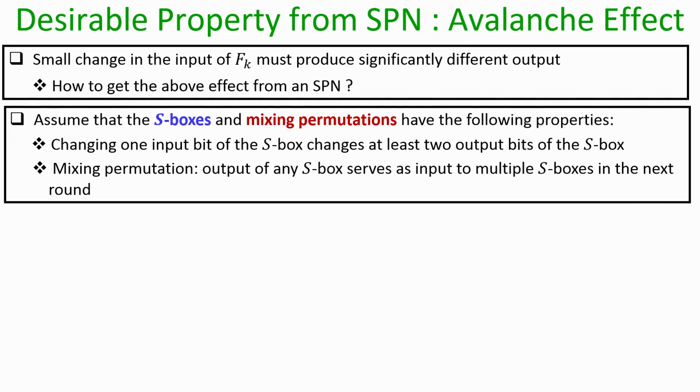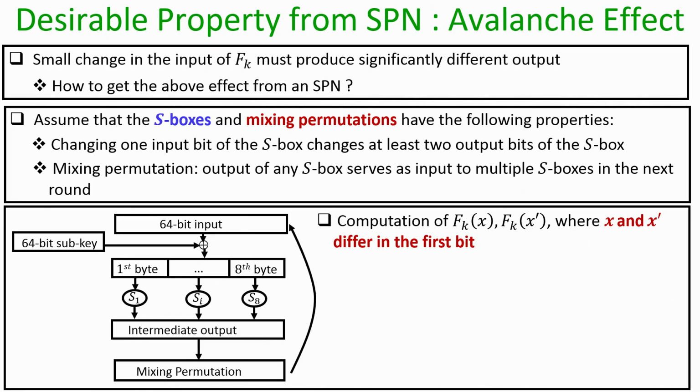So, what we are assuming here is that we have some special type of mixing permutation which ensures that the output of any S box serves as the input to multiple S boxes in the next round. Now, let us see how exactly the keyed permutation F_k is going to behave with respect to inputs x and x dash, where x and x dash differ in only one bit, say the first bit for simplicity.